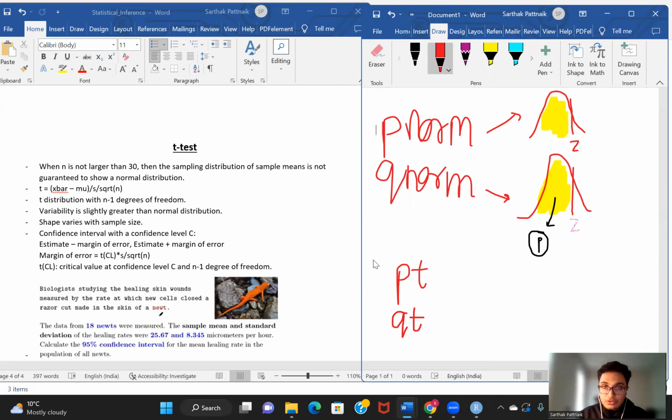So these two functions have extremely similar functionalities. They take the critical value as an input and they return the probability or the area towards the left as the output. And qt and qnorm, these two perform similar functionalities. They take the probability or the area and they return the critical value or the point.